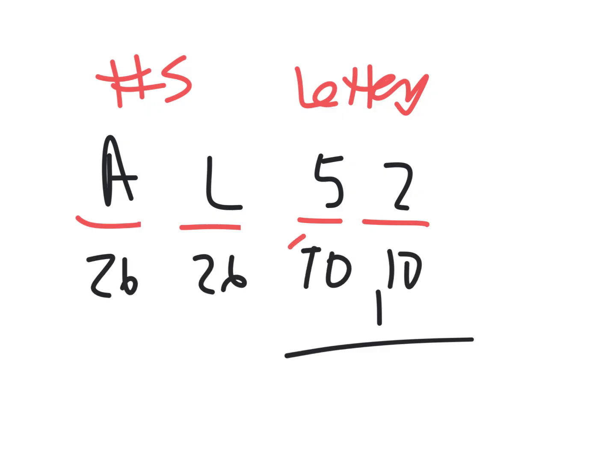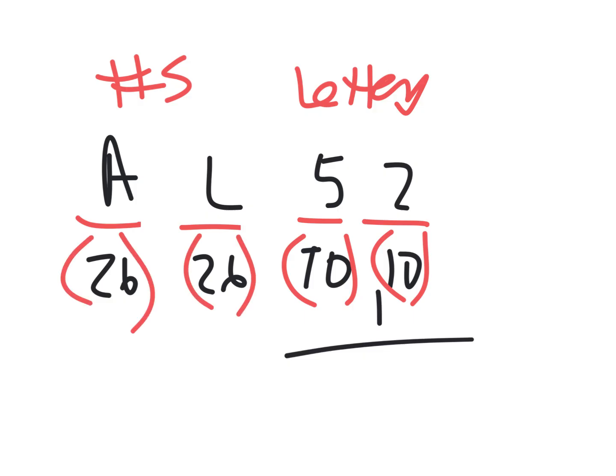Because why? Because these are choices. Got 10 choices for number and 26 choices for letters. So the probability somebody would guess your combo will be 1, because that's what they want, is to figure out yours. Over all the possibles, you'd multiply this times this times this times this.